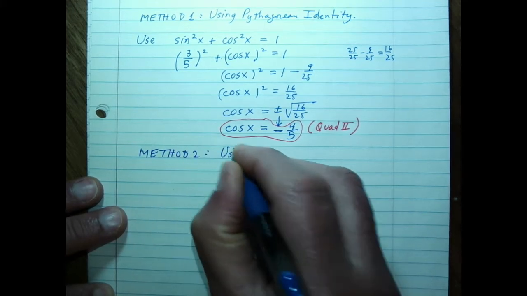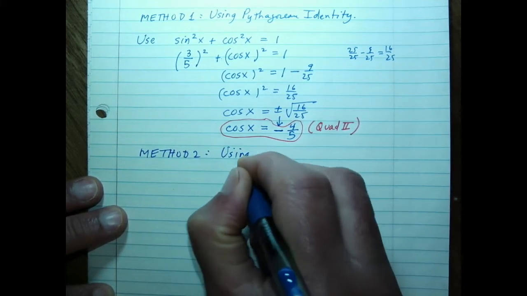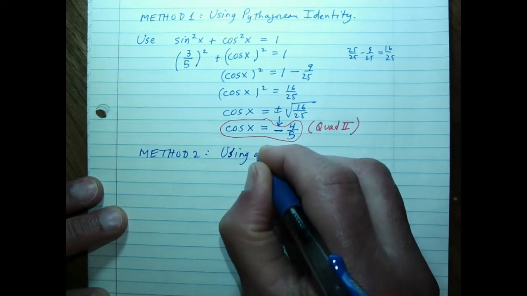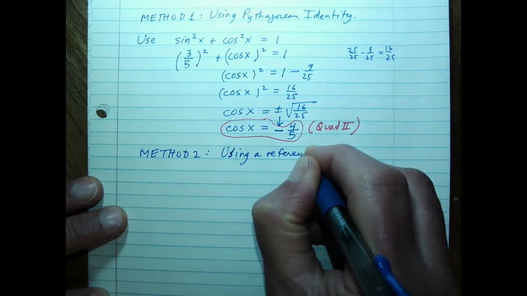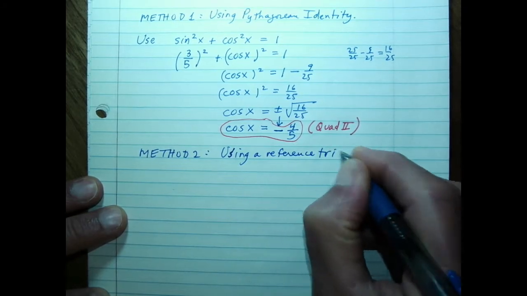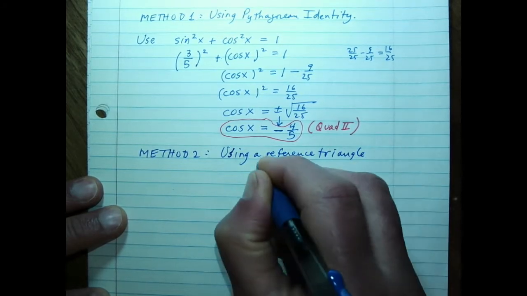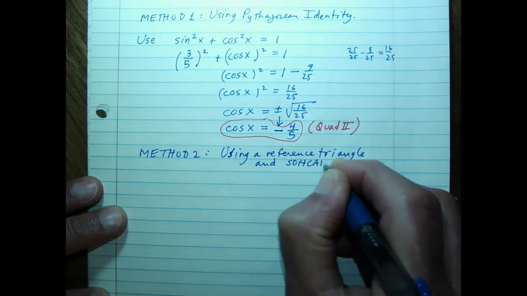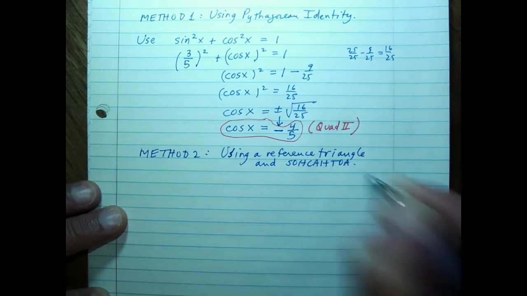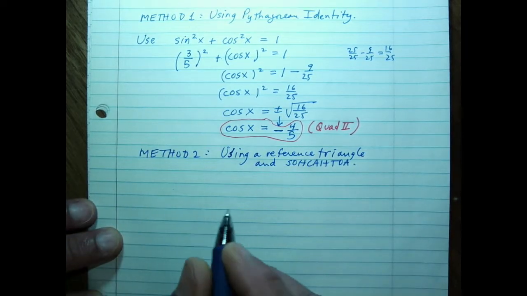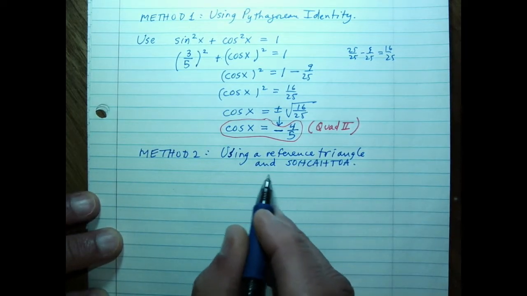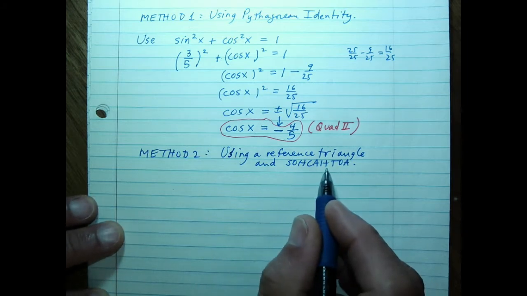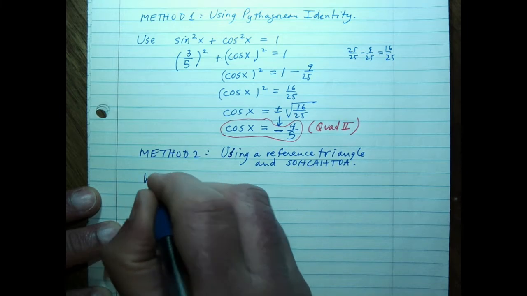It's using a reference triangle and relying on SOHCAHTOA. Okay. So remember, this is to find cosine theta.